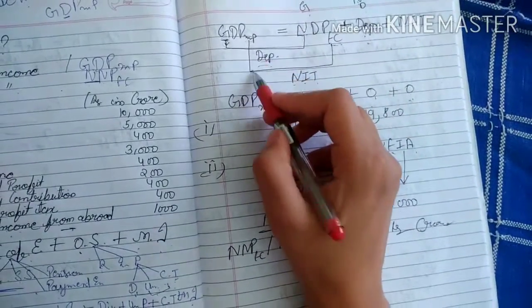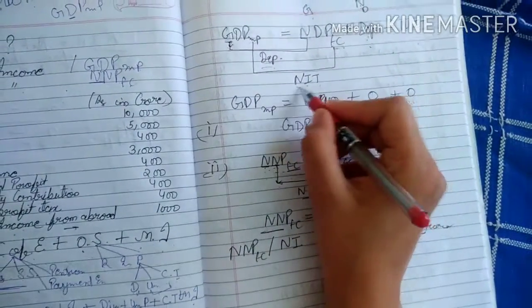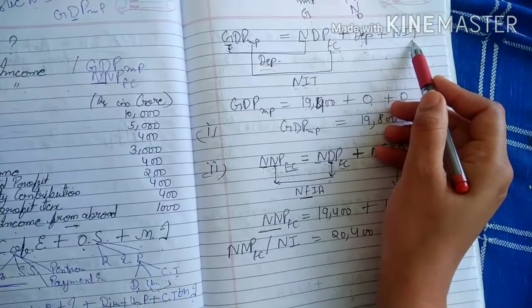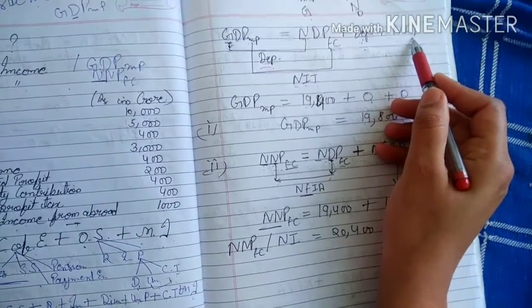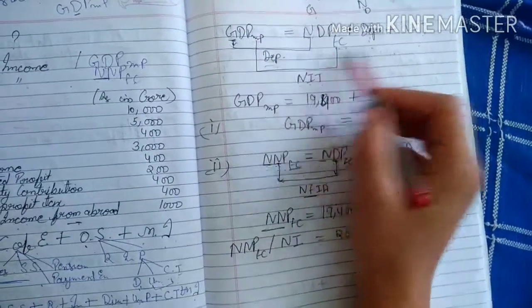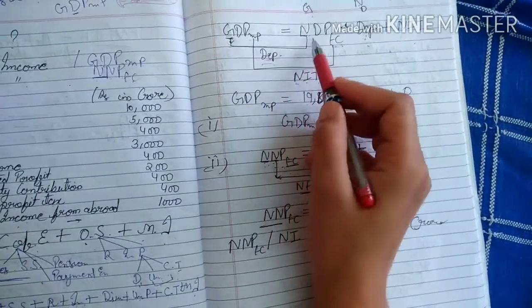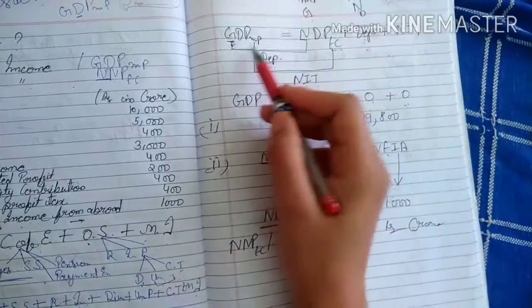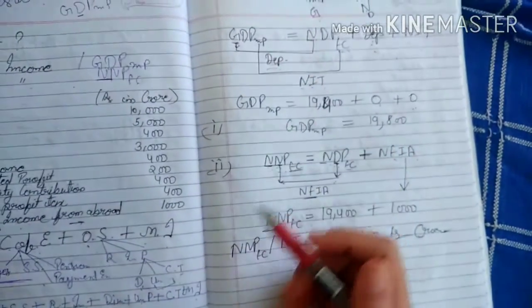Now what is difference in market price and factor cost? NIT, net indirect tax. So that's why I add the NIT. Okay, now this formula is made. If in NDPFC I add the depreciation and NIT, I get the GDP MP.